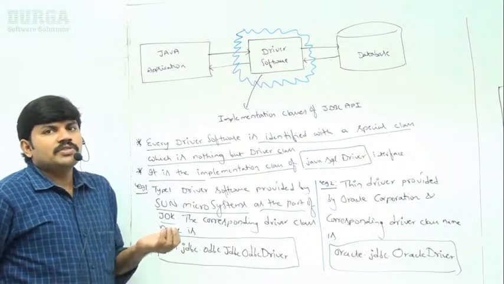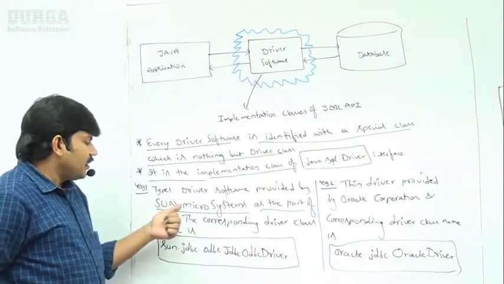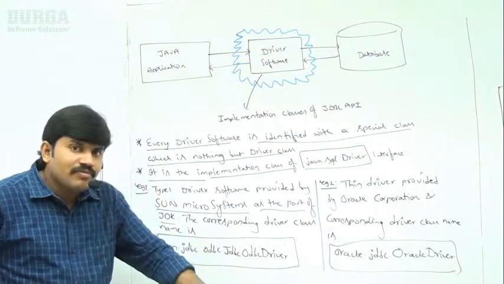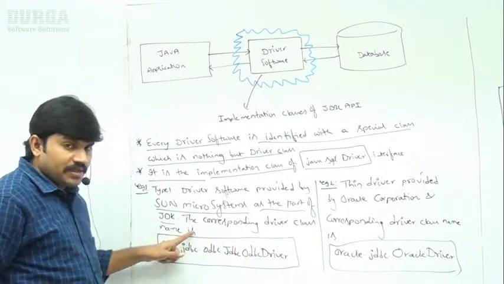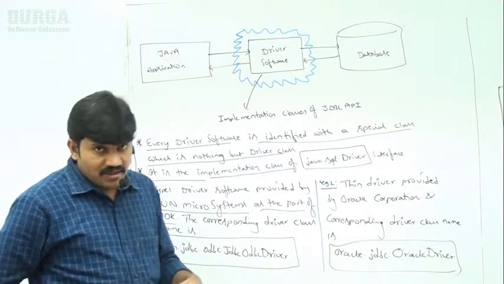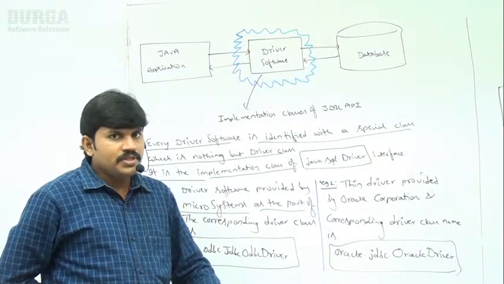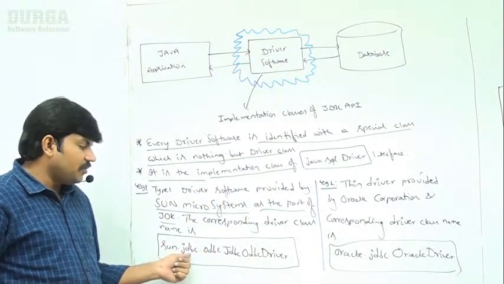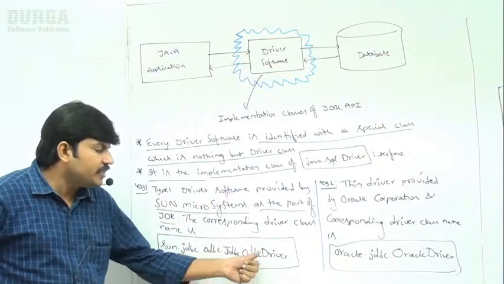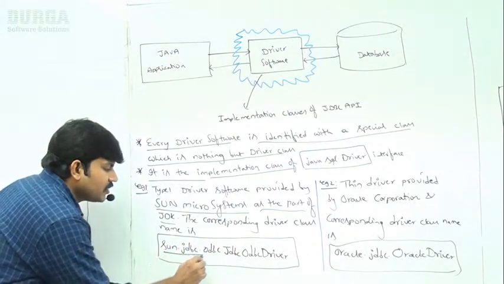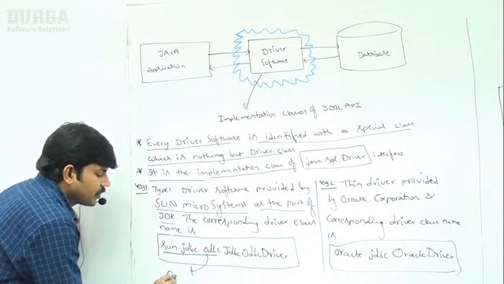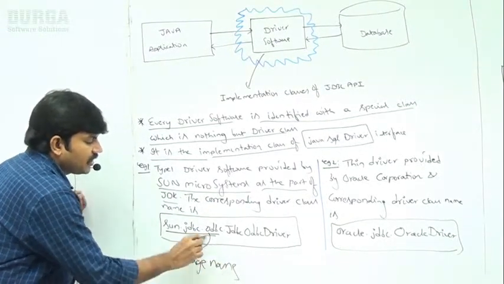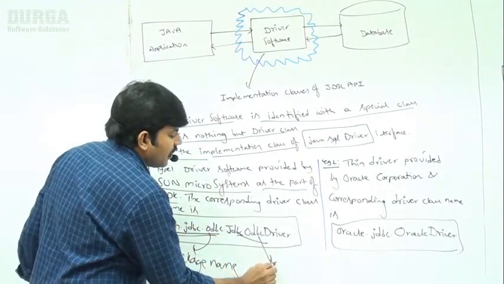Next, type 1 driver software is provided by Sun Microsystems as part of the JDK, so once we install the JDK, the type 1 driver software automatically comes. Its driver class name is sun.jdbc.odbc.JdbcOdbcDriver. Here sun.jdbc.odbc is the package name, and JdbcOdbcDriver is the class name.